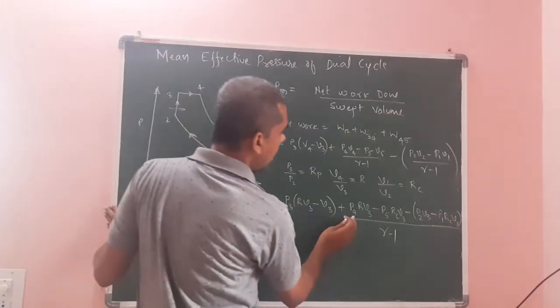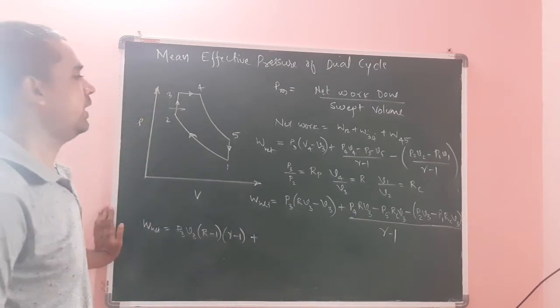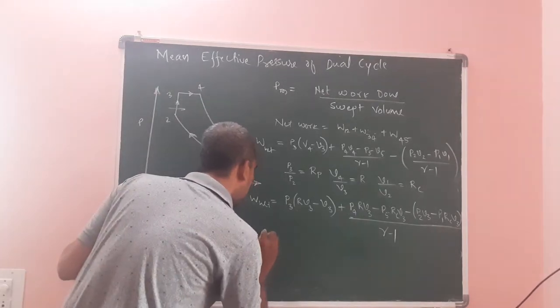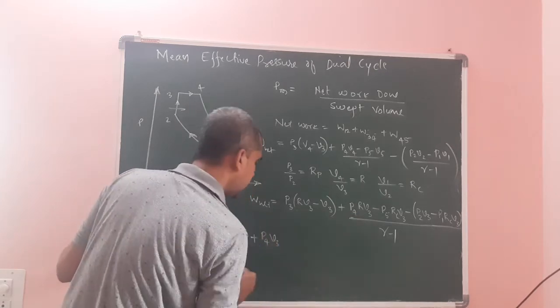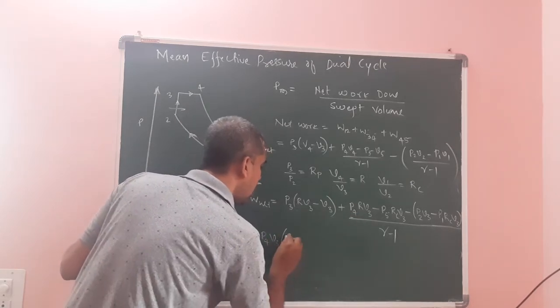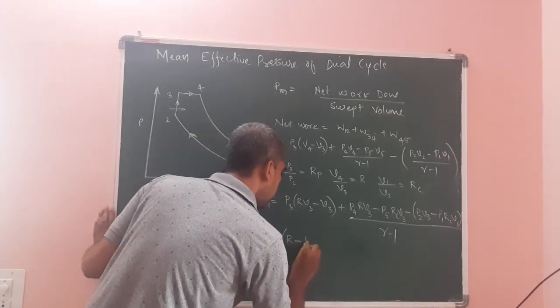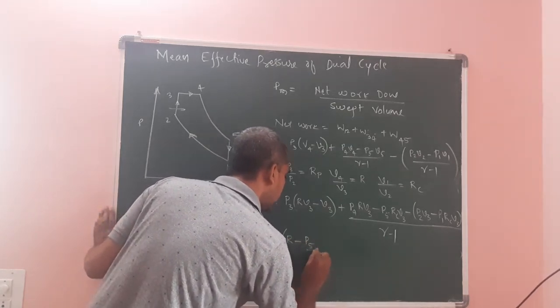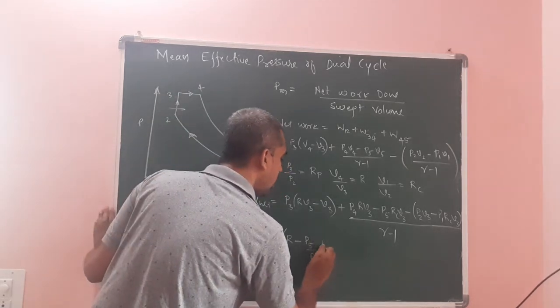Here also I can take P3 common. If I take P4 and P3 common here, what will remain? R minus P5 by P4 into RC.